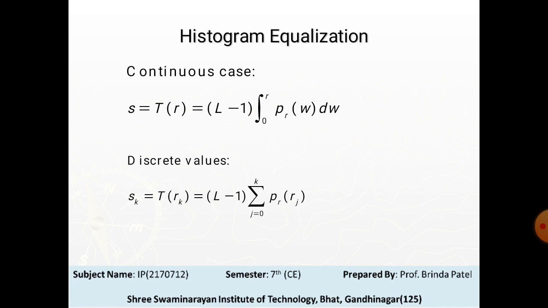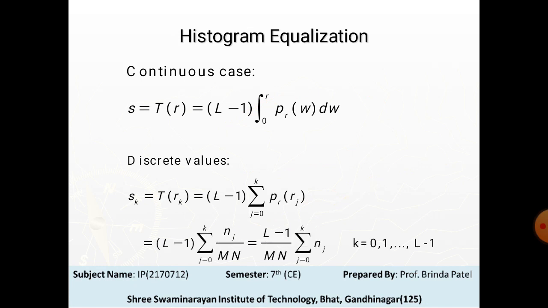And the discrete case is given by s_k equal to T(r_k) equal to L minus 1 times the sum from j equal to 0 to k of p_r(r_j), which equals L minus 1 times the sum from j equal to 0 to k of n_j upon MN, equal to L minus 1 upon MN times the sum from 0 to k of n_j, where k equals 0 to L minus 1.